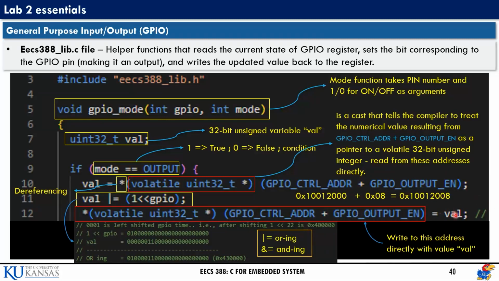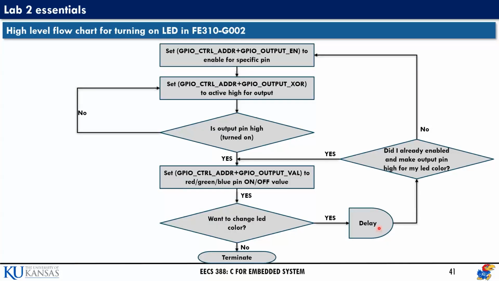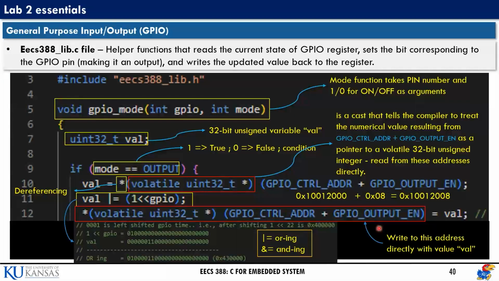We are writing the value to this register, this address. So write to this address directly with the value val. And now whatever value we had previously, it now changed, right? So yeah, that's how our function is working.